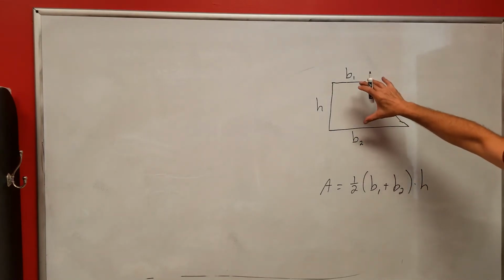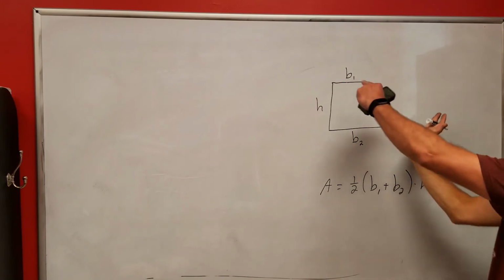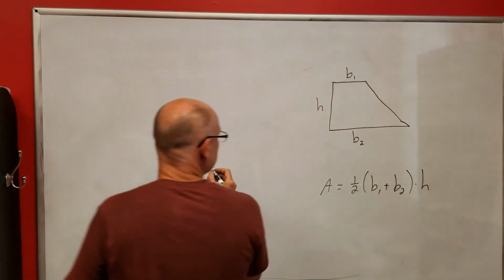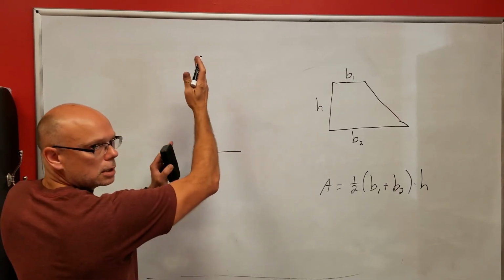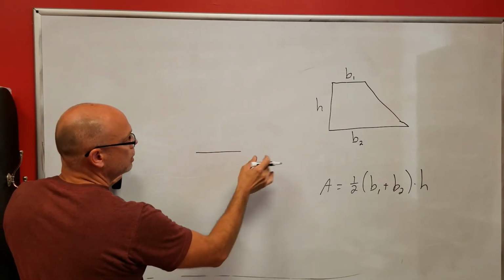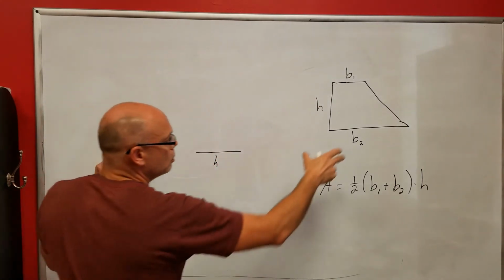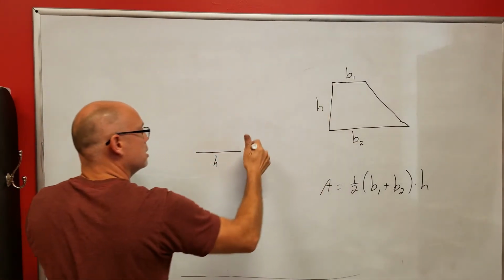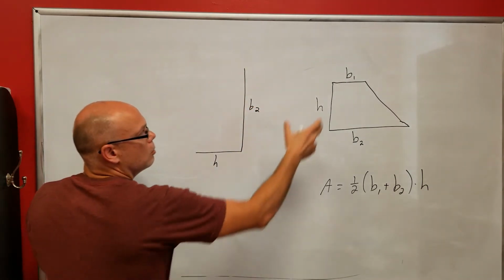Now, what if I take this figure and turn it sideways like this? What if I take this whole figure and rotate it 90 degrees counterclockwise like that? This height becomes a bottom, right? What happens with this base? It comes up here. So that's base 2. What happens to this base?